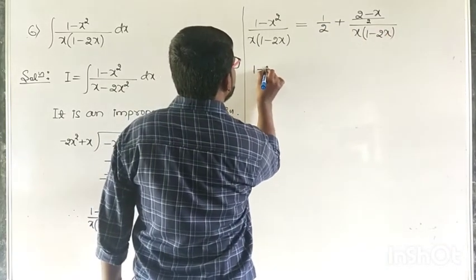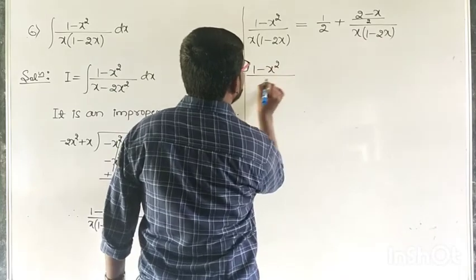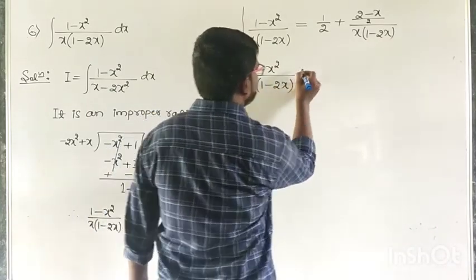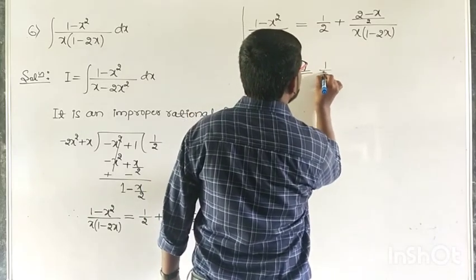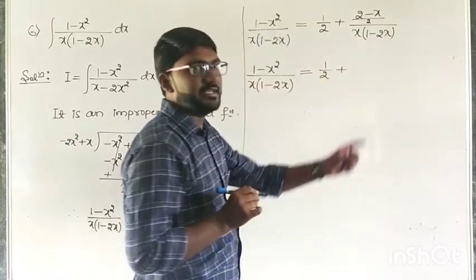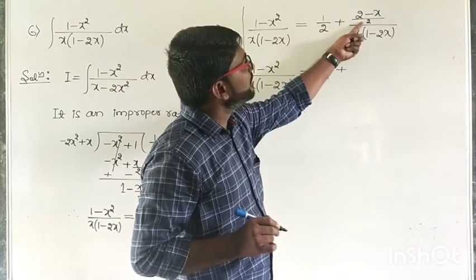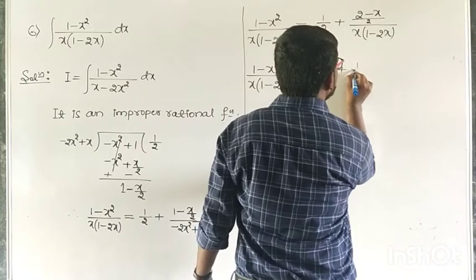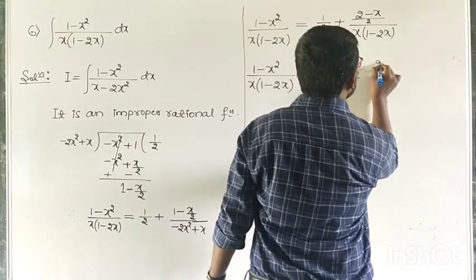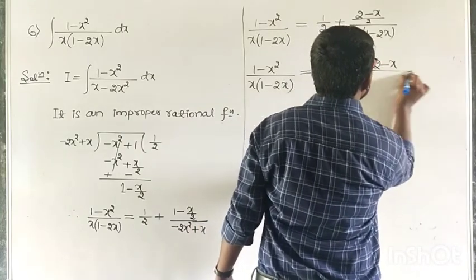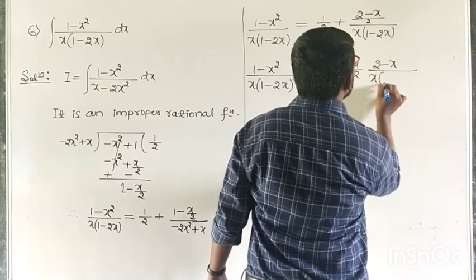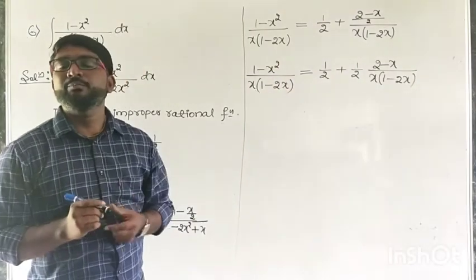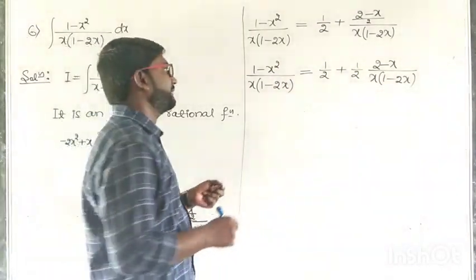So 1 minus x square divided by x into 1 minus 2x is equal to 1 by 2 plus, here I can take 1 by 2 outside. It is a constant, 1 by 2. Then we are left with (2 minus x) divided by x into 1 minus 2x. Now integrate both the sides to get the required answer.